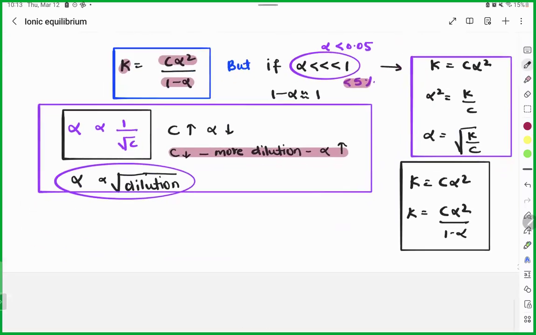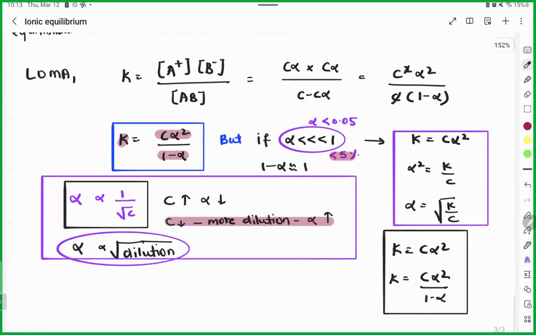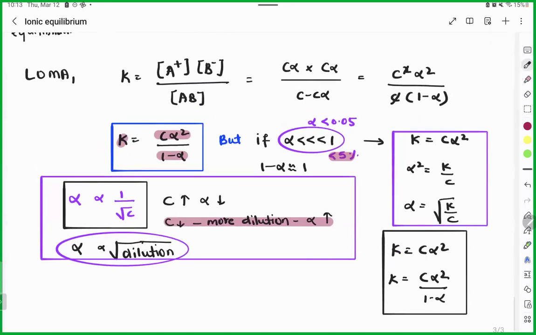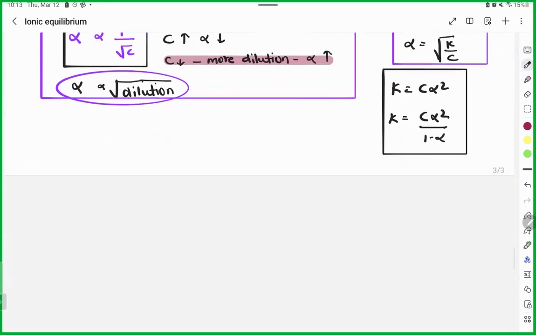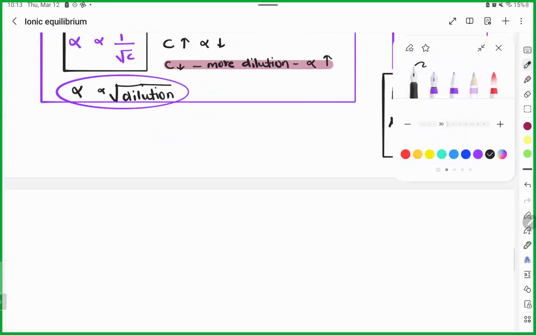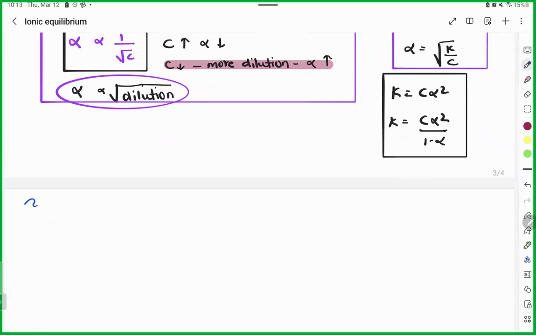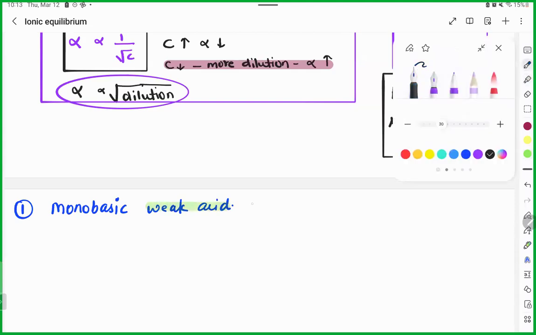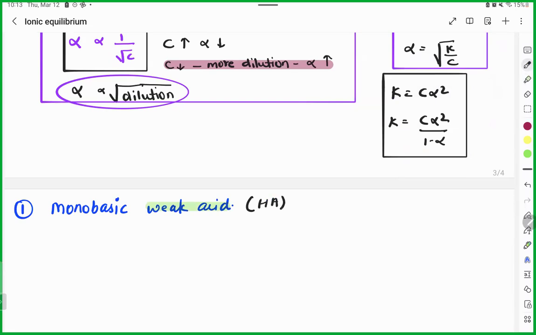Now, the application, because the real question is asked from the application part. What happens if you have a monobasic weak acid? And what is the meaning of monobasic weak acid? It means it releases one H positive ion. Because this law is applicable only for the weak electrolyte, we have a weak acid. Monobasic means one H positive ion.